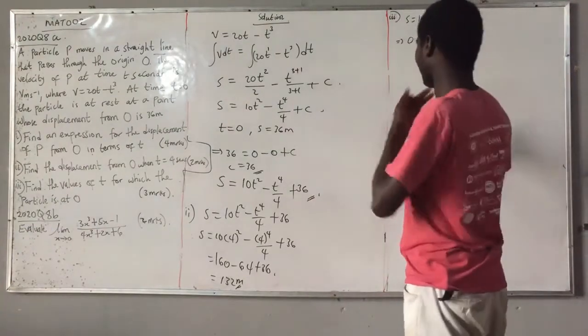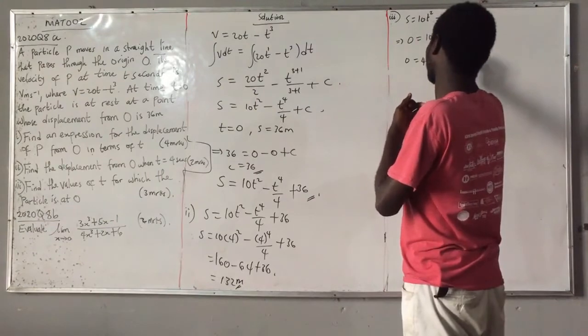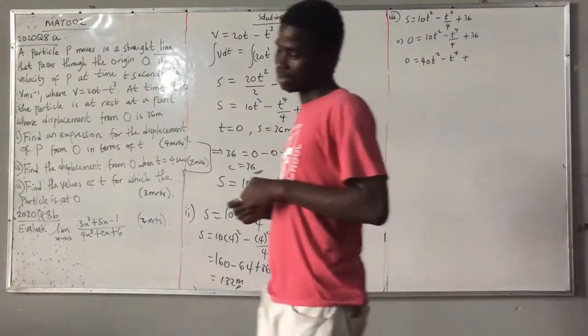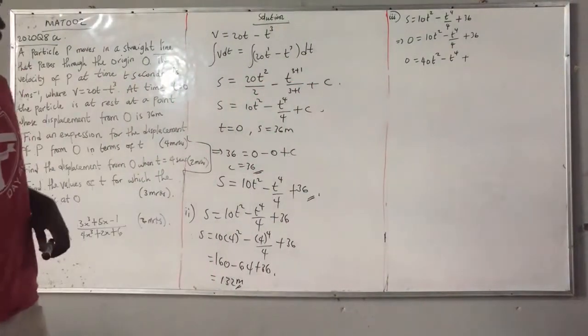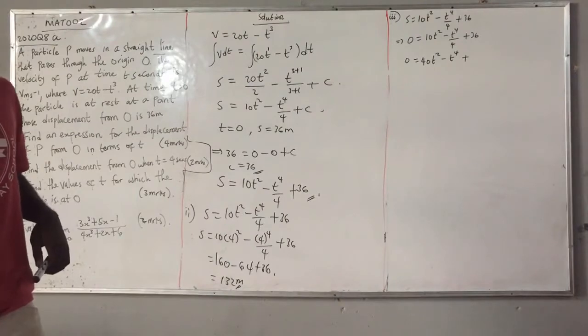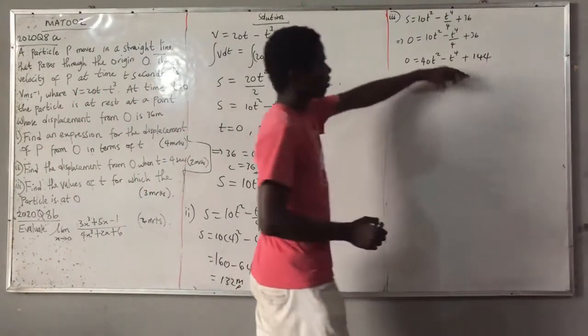Multiply by 4 first. 0 equals 40t squared minus t raised to power 4 plus 36 times 4. 36 times 4, that's 72 times 2, 144. So plus 144 actually. Bring everything to the other side.